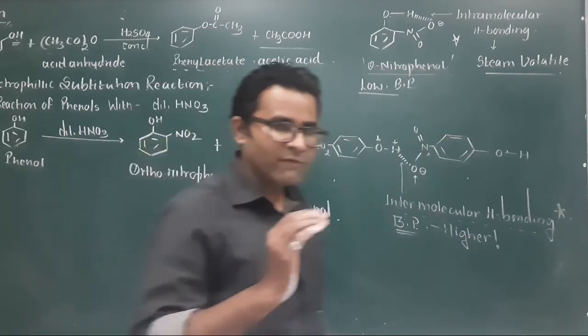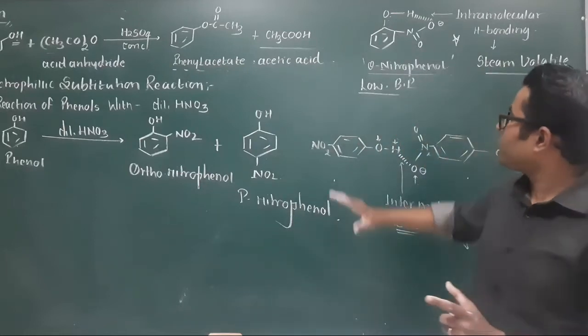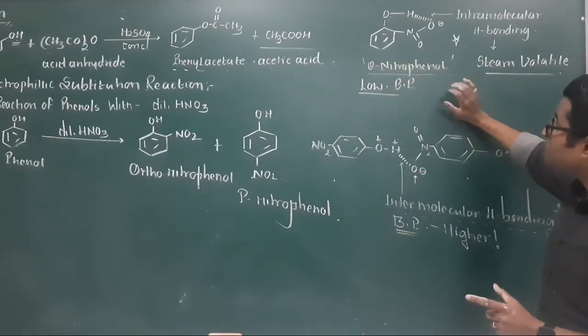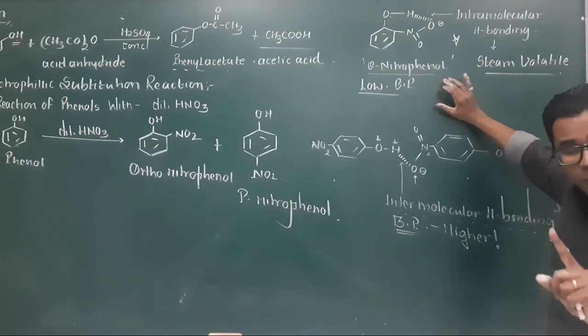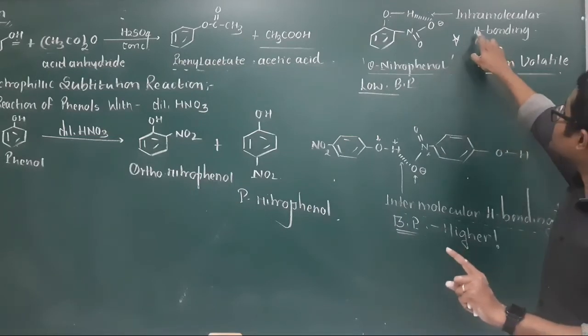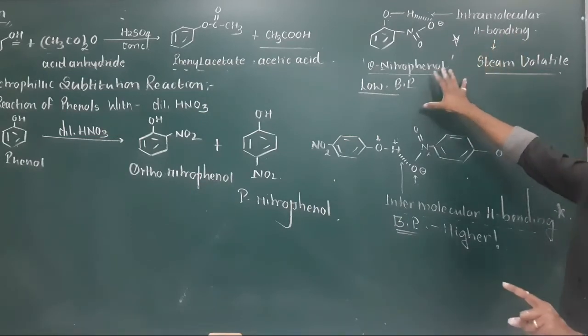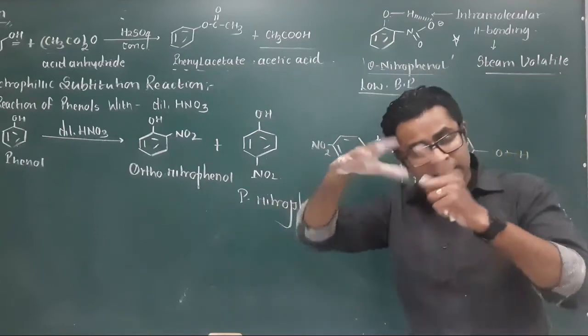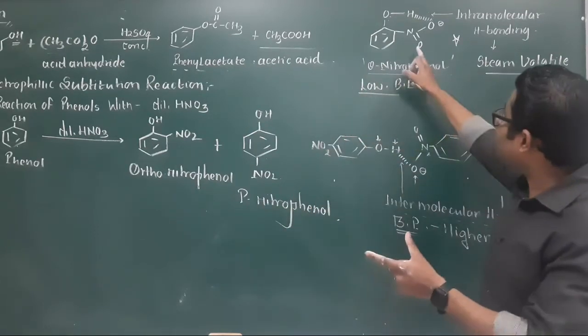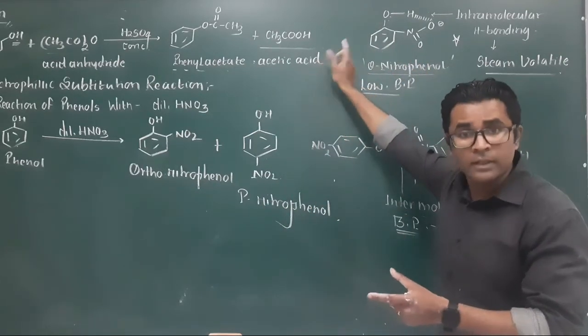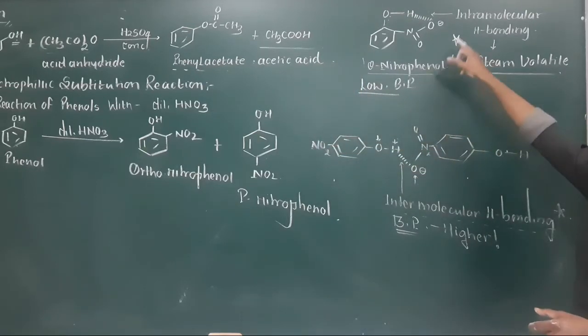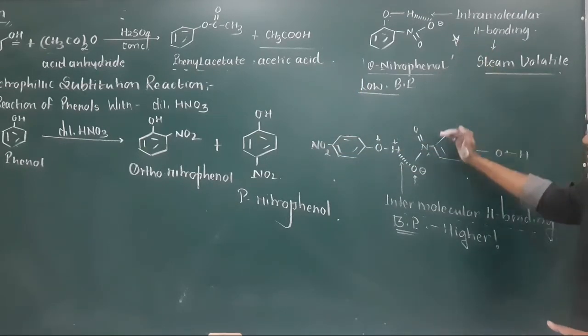Right? So we have two different aspects now. When we are considering these nitrophenols, if it is an orthonitrophenol, because of the presence of intramolecular hydrogen bonding, within the molecule itself, it is not getting connected to another molecule. Due to this, this is steam volatile. It has lower boiling point.